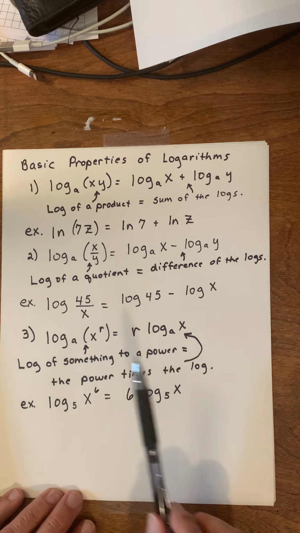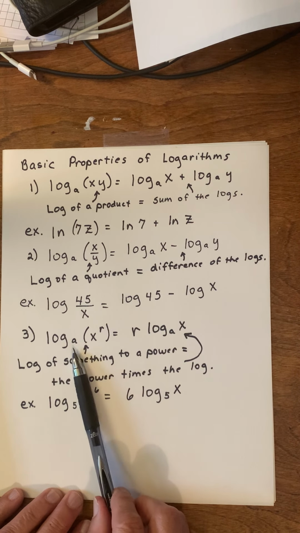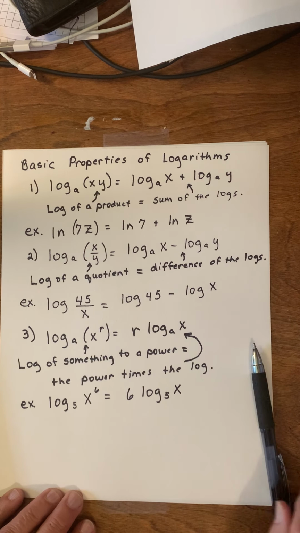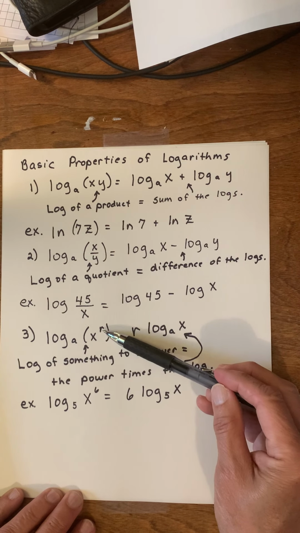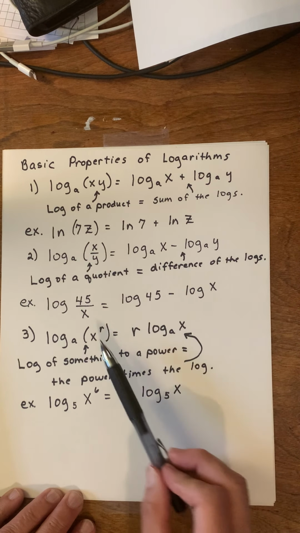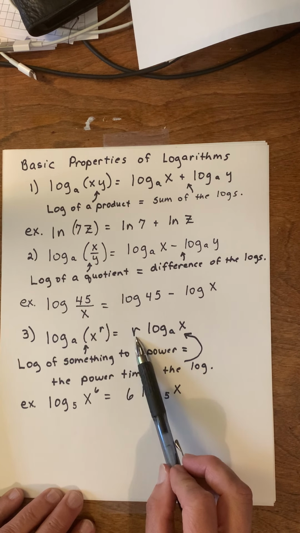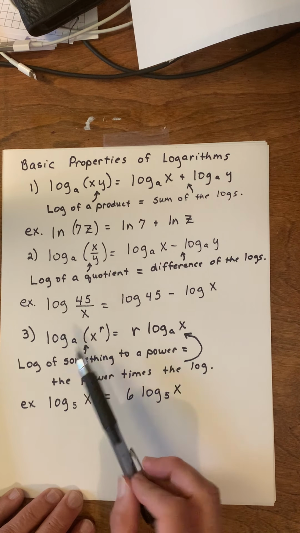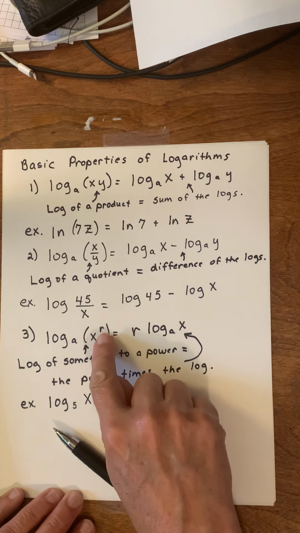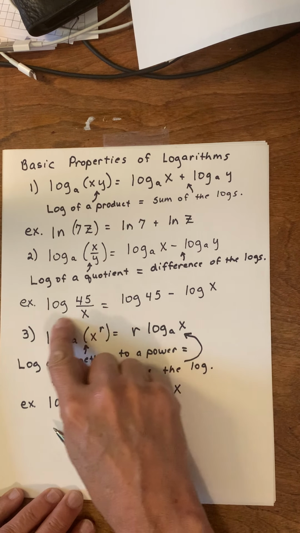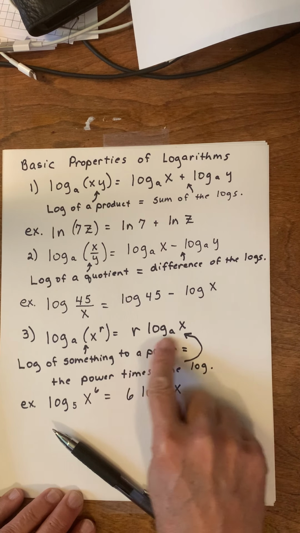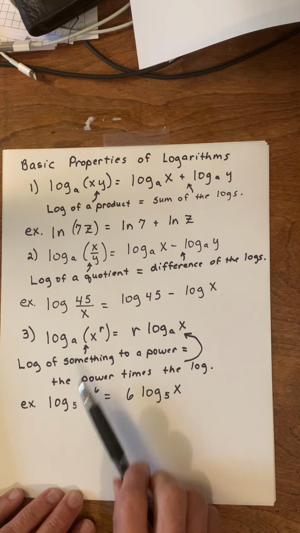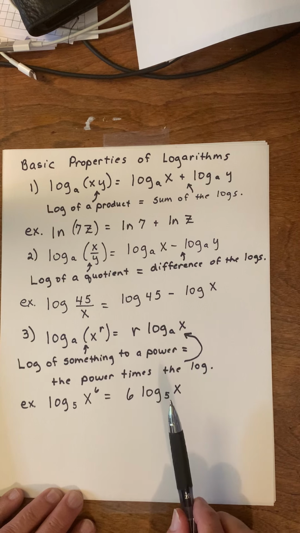Here's the third property of logarithms. Log base a of x to the r, notice the exponent, something to a power, equals r times log base a of x. So in other words, the exponent simply becomes a coefficient when I re-express or expand this exponential expression.